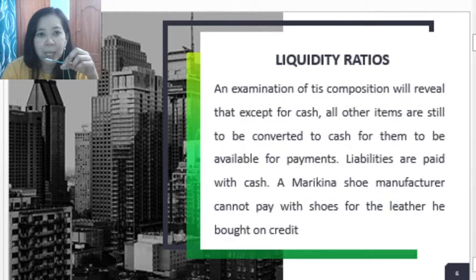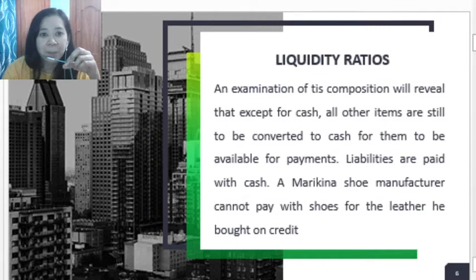Here we will examine the composition of current assets. Except for cash, all other items are still to be converted into cash, as mentioned, if they are non-cash current assets, and whether they are available for payments as well.